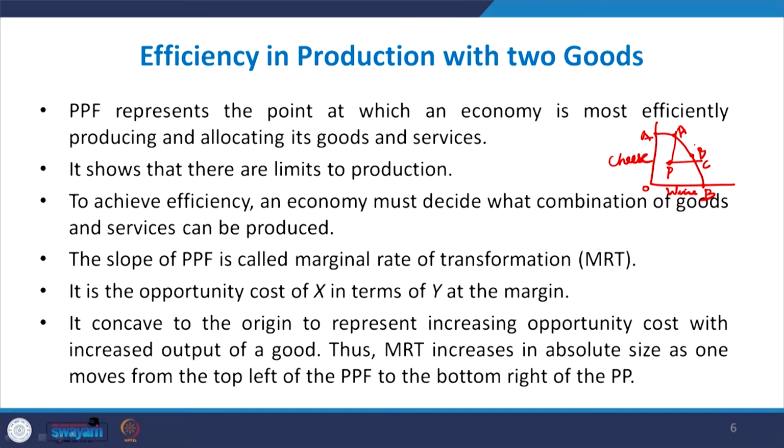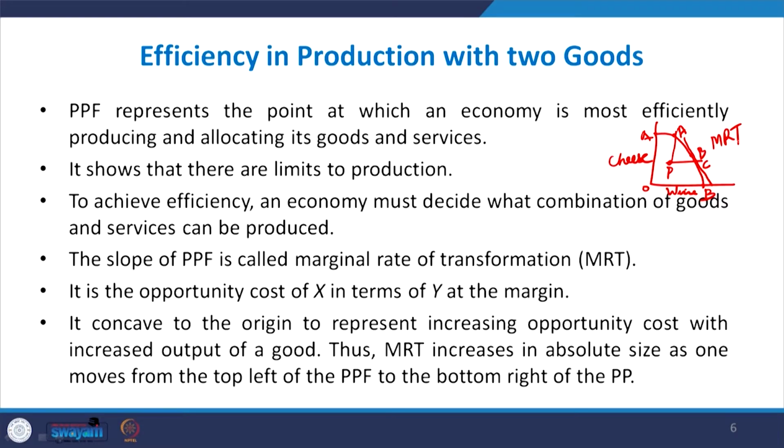So, that is called Pareto optimality, which means production of cheese can only be increased by reducing some quantity of wine, and the slope of this production possibility frontier is called MRT, the marginal rate of transformation between the two products, cheese and wine.